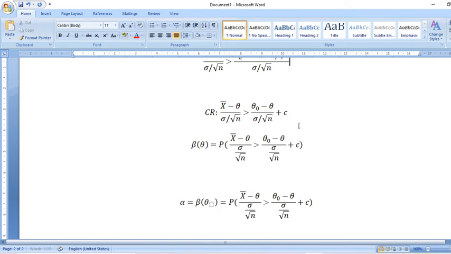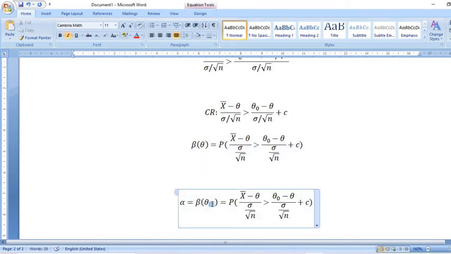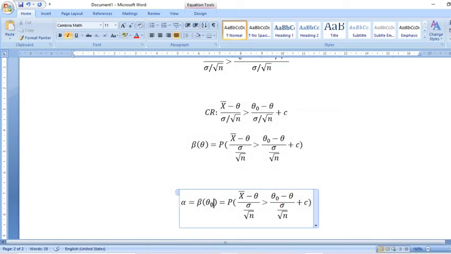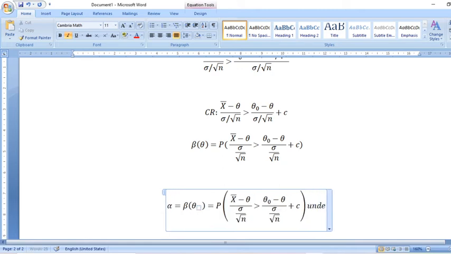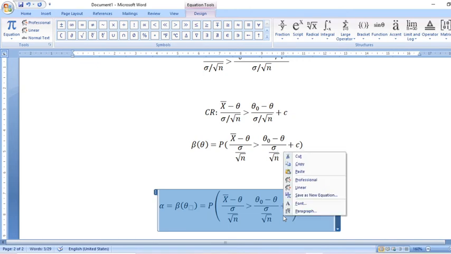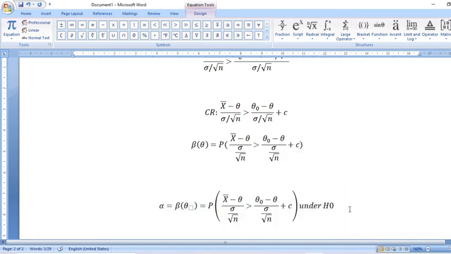Under H naught, and it will be the power under H1.